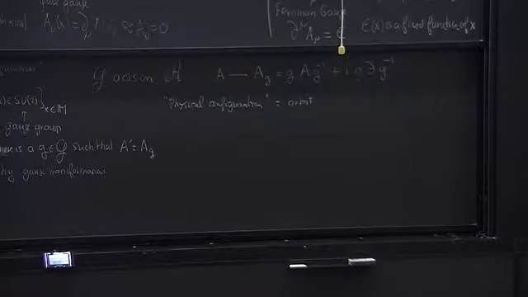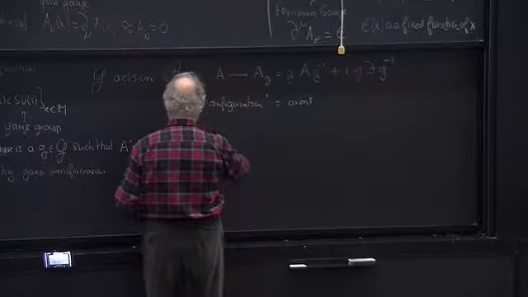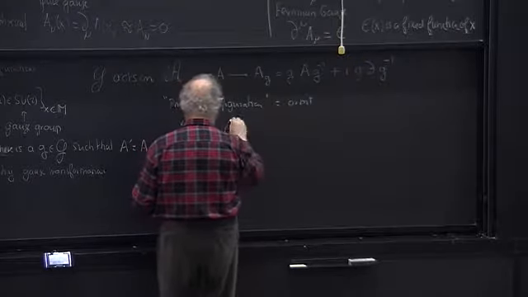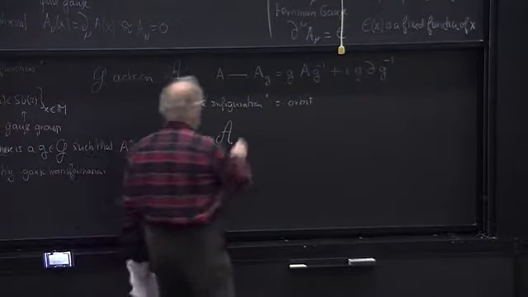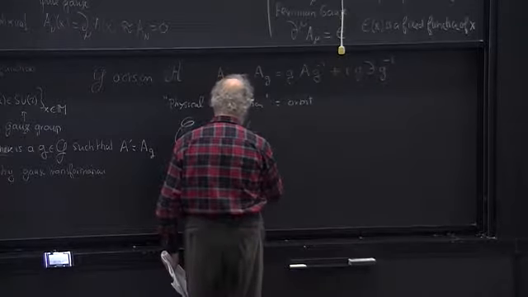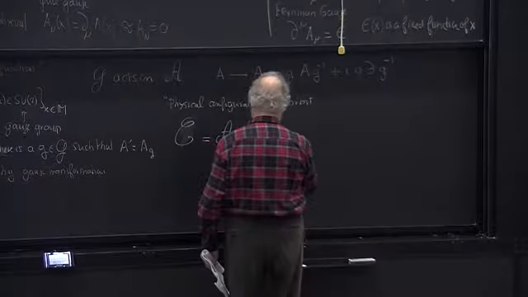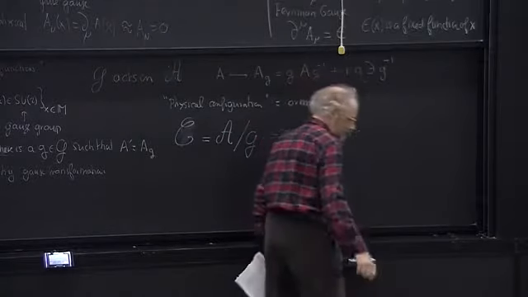So we can define a space of physical configurations, curly C. I'm sorry, this is not C, this is a curly C. Just the space of gauge potentials divided, or quotiented, this is a math definition, by the action of the group G. Okay, and so this is a space of orbits.